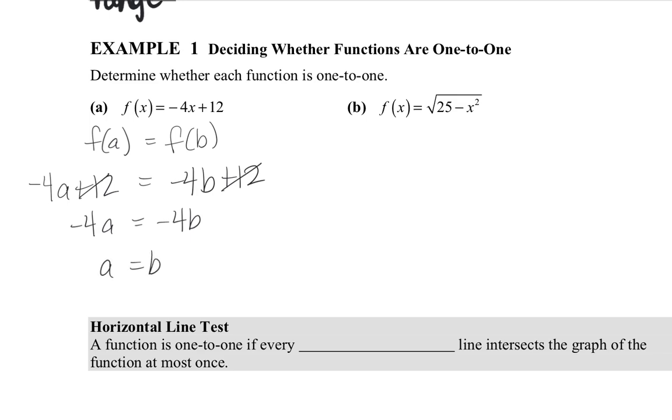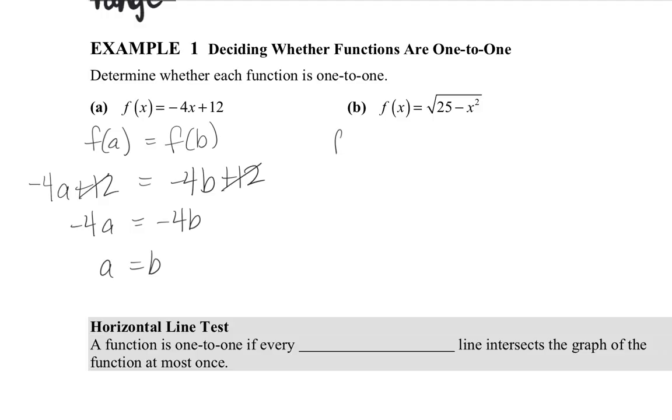Therefore, it is one-to-one. Now, over here, because it's squared, you have to remember that when you take the square root of something, you get a positive and a negative. So, for example, let's choose 3 and negative 3 for the x.